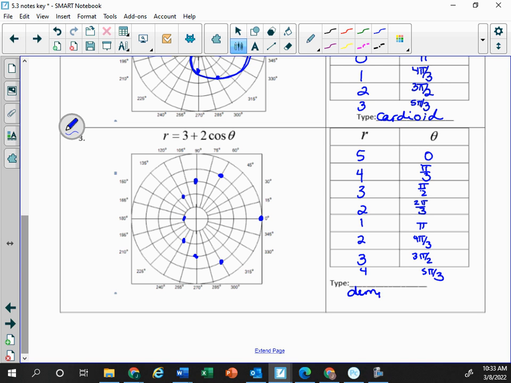This one is called a dimpled limacon. They're all limacons, but we just say dimpled for this one. So inner loop limacon, cardioid limacon, and dimpled limacon.